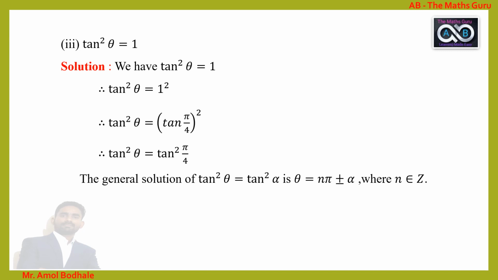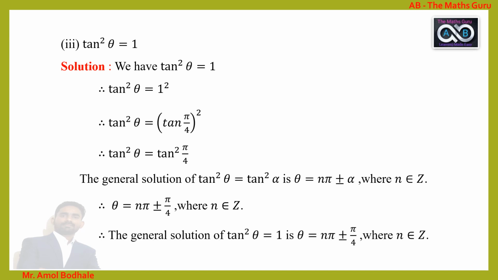We know the solution for tan square theta equal to tan square alpha is theta equal to n pi plus or minus alpha, where n belongs to Z. Here alpha is exactly pi by 4, so let's replace this alpha by pi by 4. We'll get theta equal to n pi plus or minus pi by 4, where n belongs to Z. Therefore the general solution of tan square theta equal to 1 is theta equal to n pi plus or minus pi by 4, where n belongs to Z.